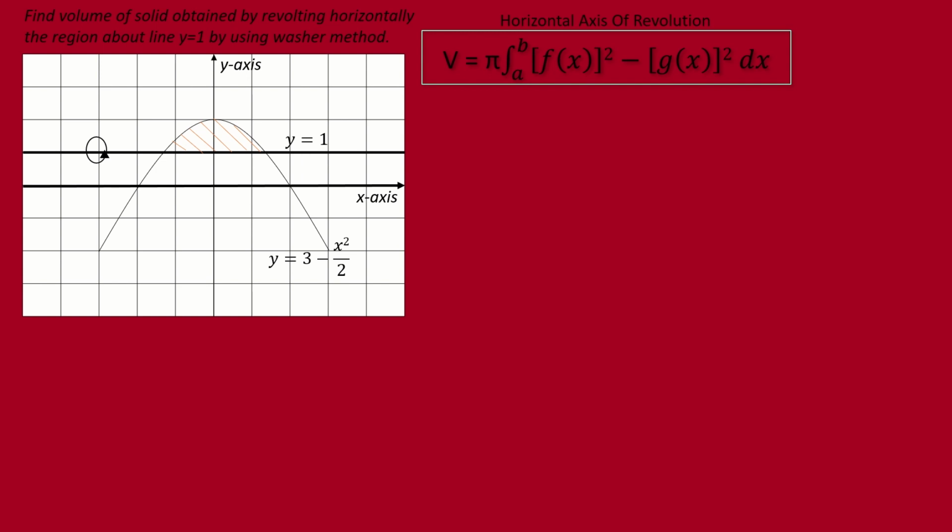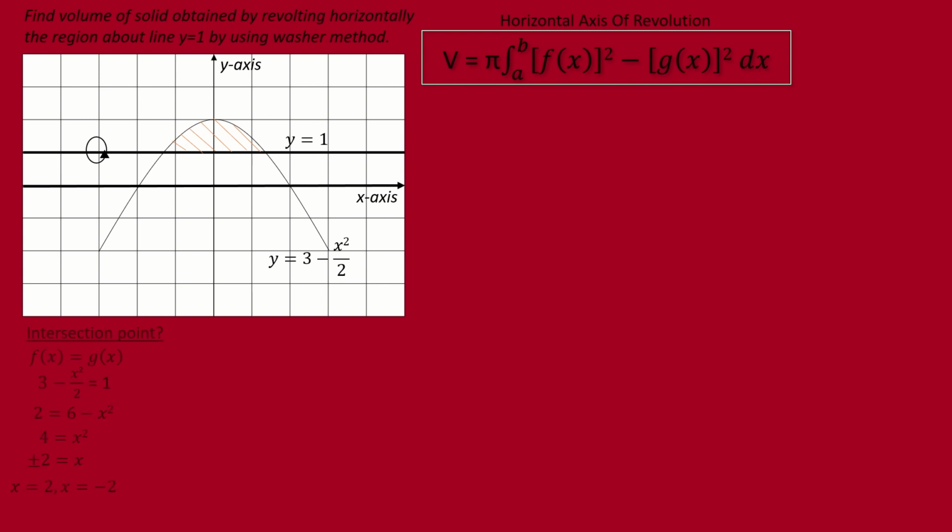Keep in mind that the function that is closest to the axis of revolution acts as the lower layer, while the function that is furthest from the axis of revolution acts as the upper layer. This concept also applies for the vertical axis of revolution.